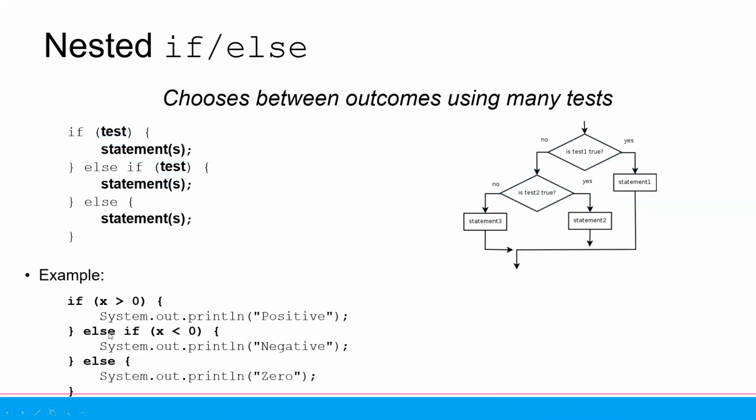When this one is false, we can just use this statement. So for example, if x is greater than 0, I can print positive. If x is less than 0, I can print negative. But if it is not positive and it is not negative, it is 0. Okay, so this is the code.